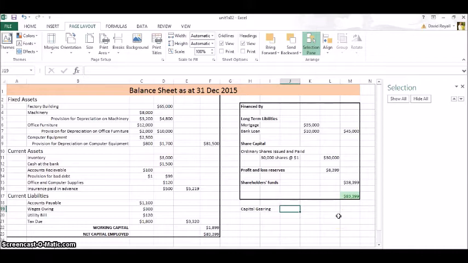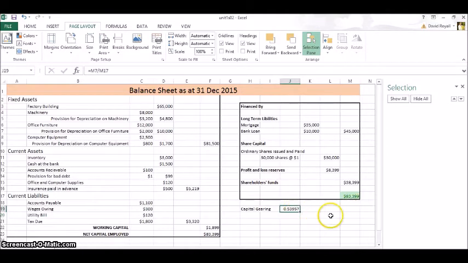And if you remember, capital gearing is equal to the amount of long-term liabilities, in this case, the sum of the mortgage and the bank loan, divided by the total financed by.